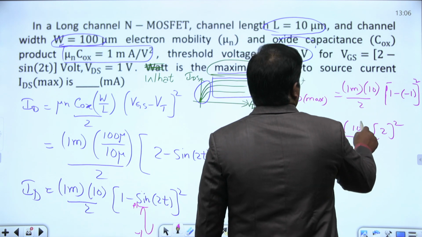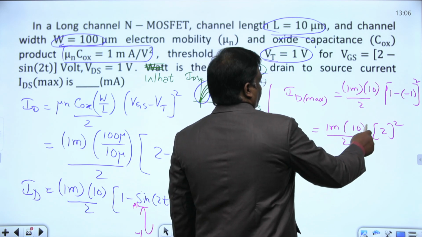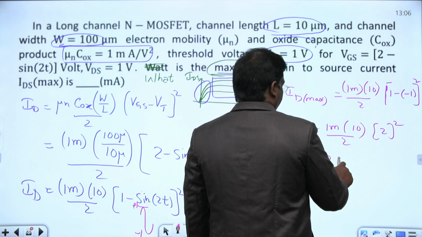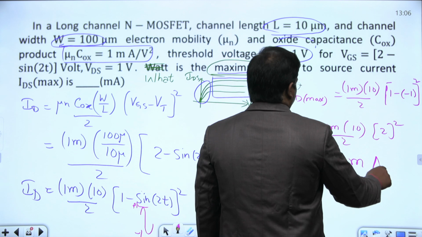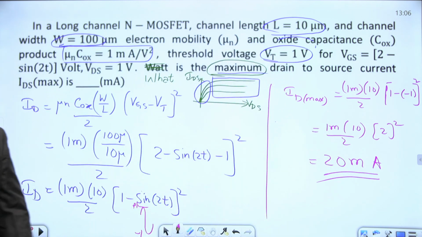What is the value here? Tell me. 2 cancels, 20 milliamperes. That's the right answer. 20 milliamperes is the right answer. Finished, everyone?